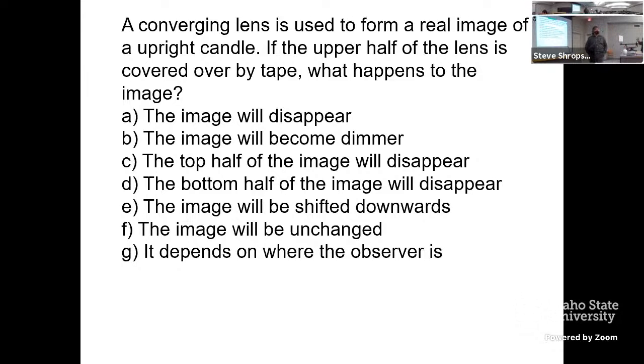Okay, get your cards ready. Go ahead and show me what you're thinking. What does it look like? C's, B's, and D's, mostly C's.